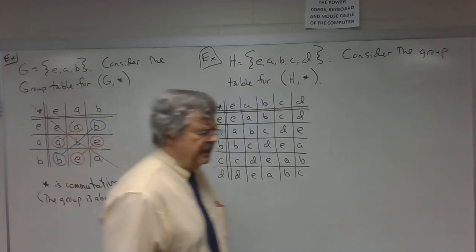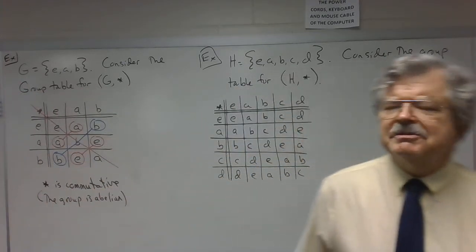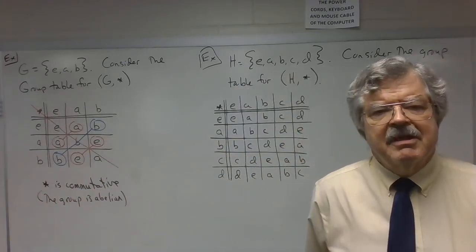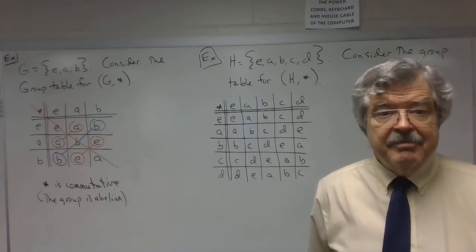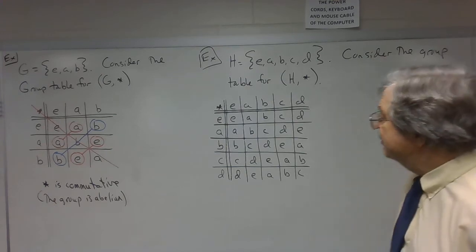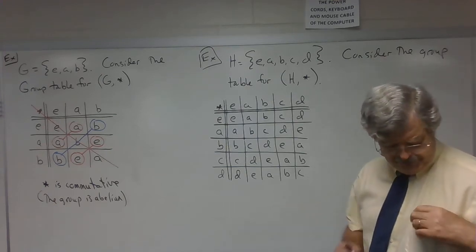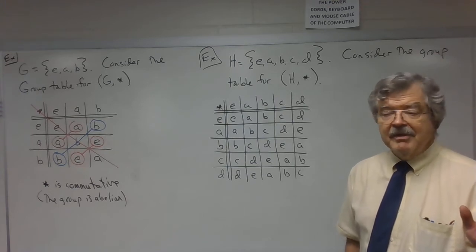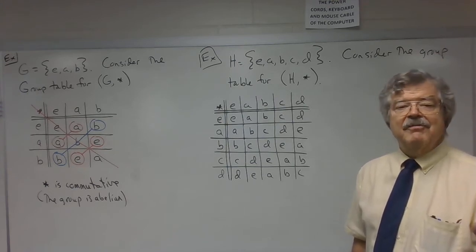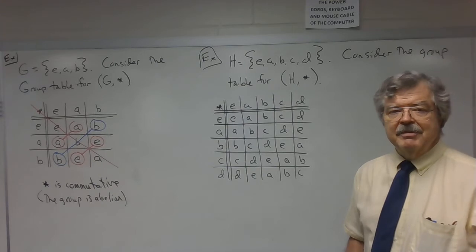So in a group with three elements, the operation is commutative. The group is abelian. In a group with five elements, well, I don't know. But we looked at four elements, and with the groups that have four elements, the operation is commutative.